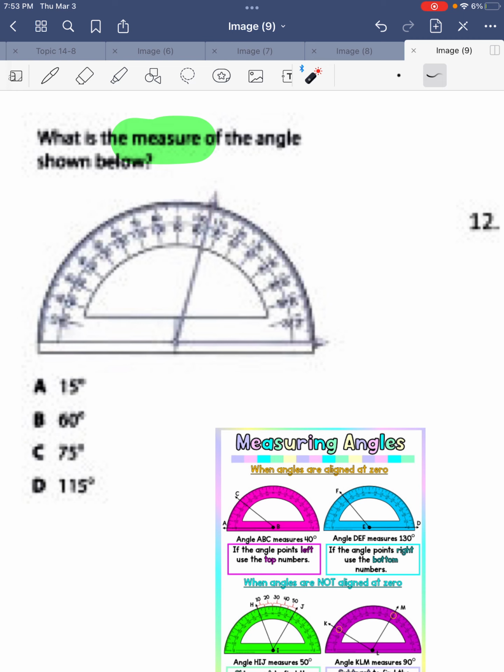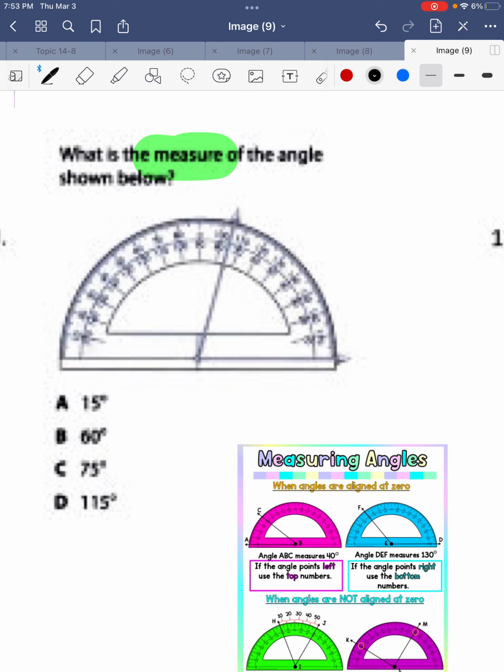So this is going to be a little bit hard to do because I can't really see it that well. Since my angle is going like this, I'm going to start over here, and I'm going to count by tens. So 10, 20, 30, 40, 50, 60, 70.